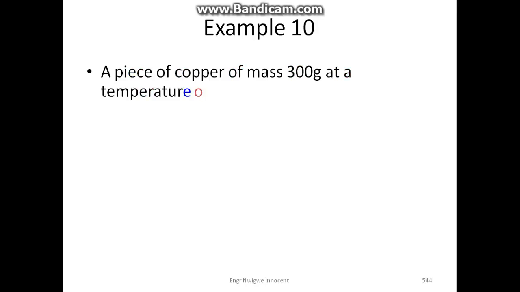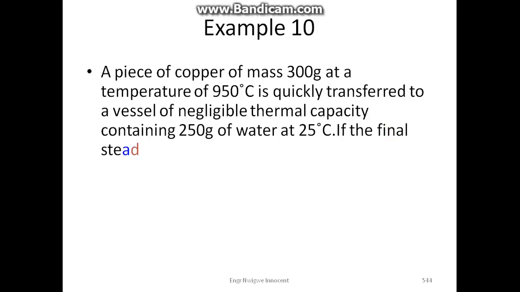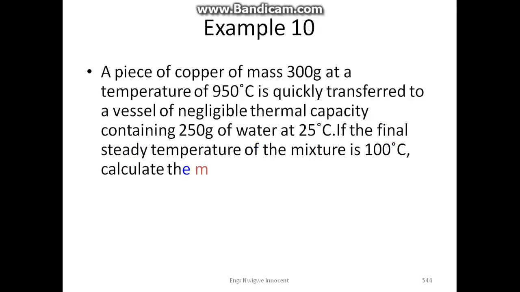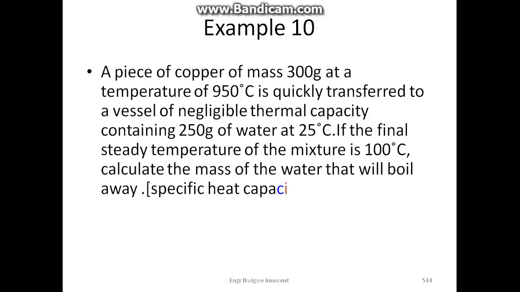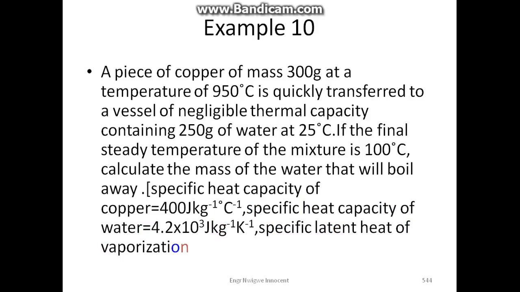Example 10. A piece of copper of mass 300 grams at a temperature of 950 degrees Celsius is quickly transferred to a vessel of negligible thermal capacity containing 250 grams of water at 25 degrees centigrade. If the final steady temperature of the mixture is 100 degrees centigrade, calculate the mass of the water that will boil away.